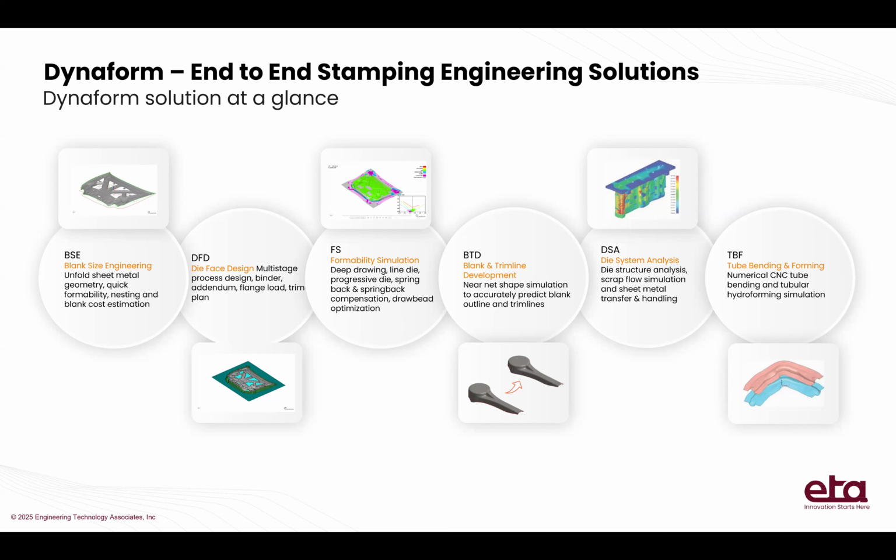Also, we have die system analysis, sheet drop test, tube bending and forming, plus scrap shedding and die transfer simulation. It is powered by the SIGFORM solver, optimized for speed and accuracy. We will go through each of them in the following slides, also with some short videos.